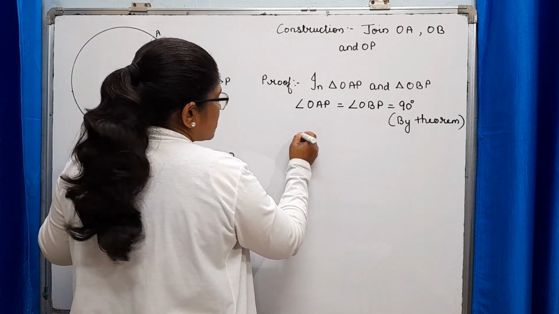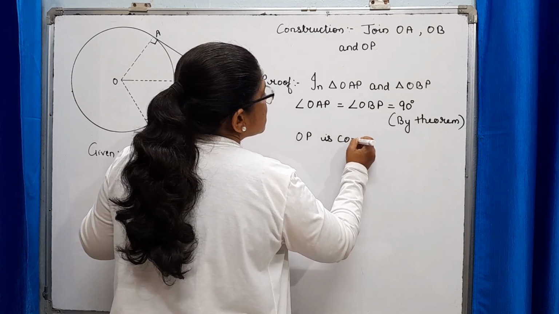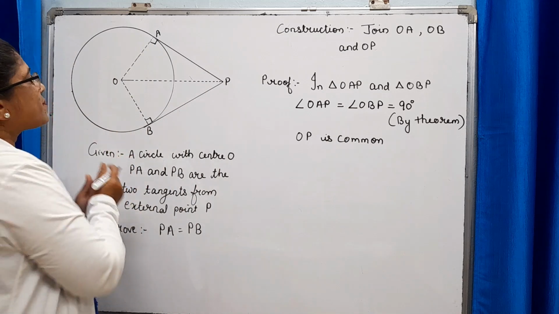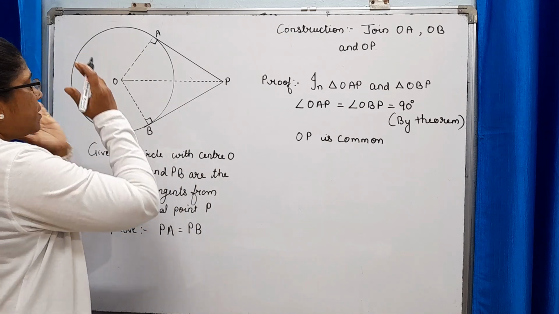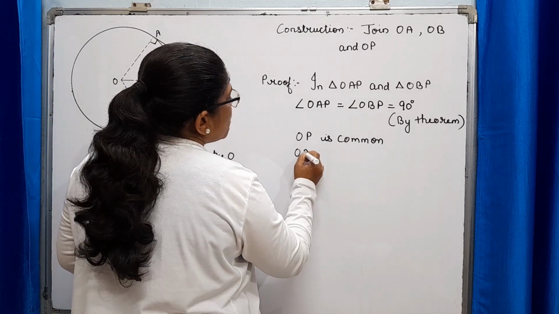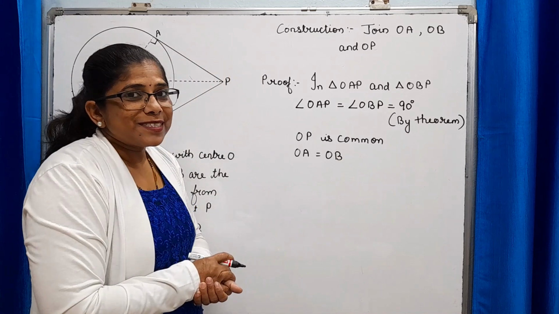So here OP is common. Next thing, OA is equal to OB. Reason?